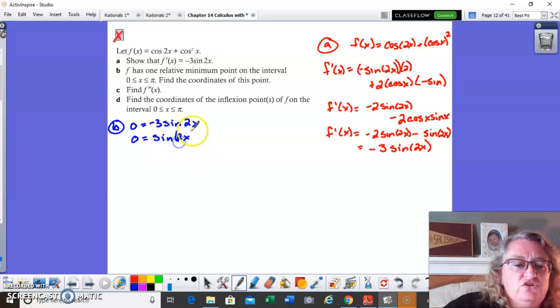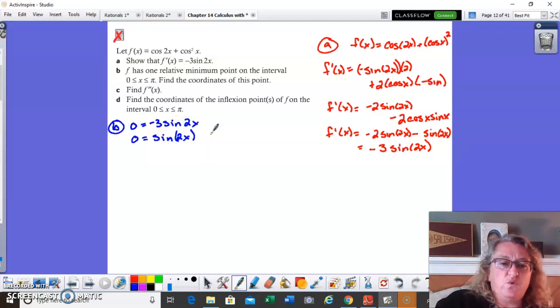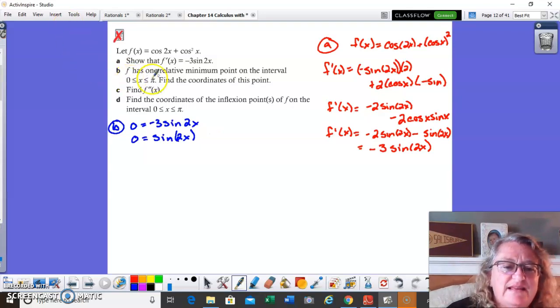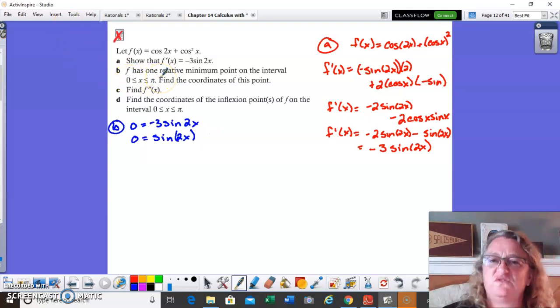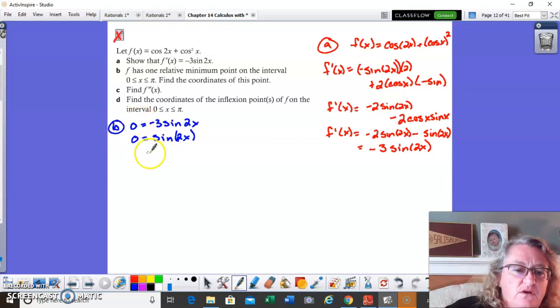Well, let's not think about that 2x quite yet, and let's also not think about that 0 to pi. Let's go ahead and do a full circle. You'll understand why in a second. So when does your sine, or your y-coordinate, equal 0?